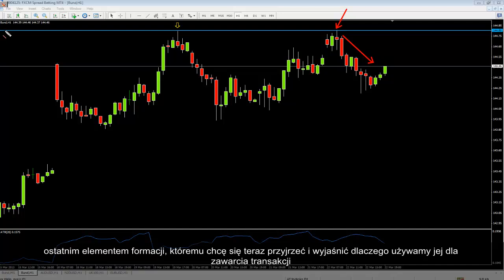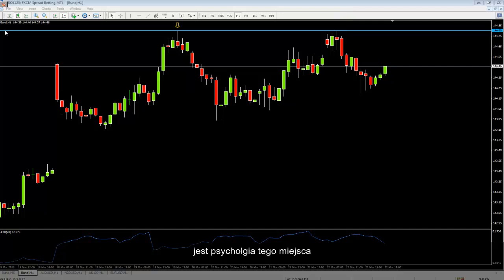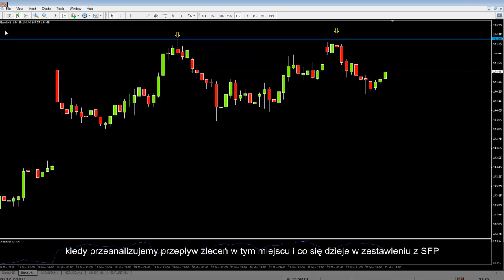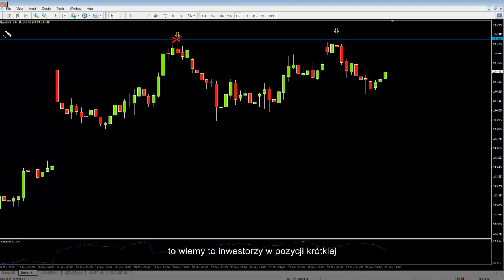Now the final thing to go over in terms of the pattern and why we actually trade it is because what's happening up here is traders are essentially getting trapped. If we think about the order flow and we look at what happens in relation to the pattern, as the market breaks a prior swing high, we know that traders that are short the market will have a stop mostly behind swing points.